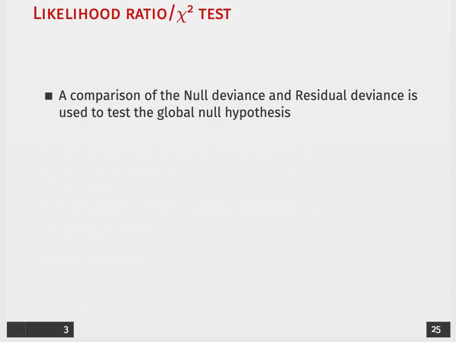And again, the likelihood ratio test, or the chi-square test here, is going to be a comparison of the deviance that we see in a model in which we have no covariates, just the normal deviations that occur from our baseline expectations in what we observe, and those in the residual model.